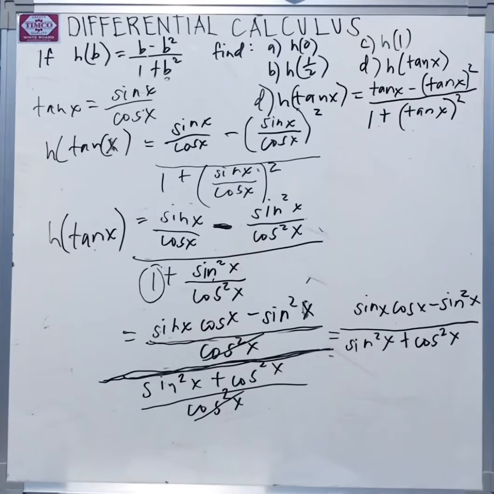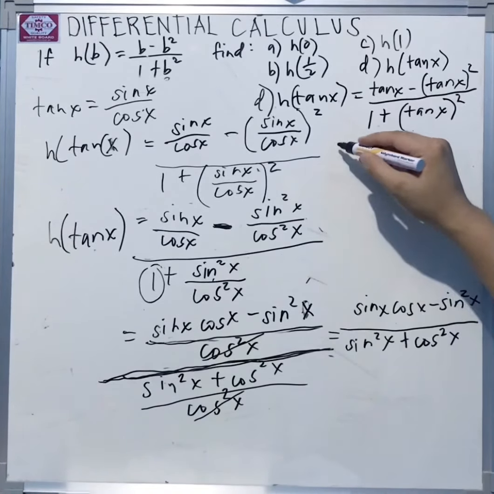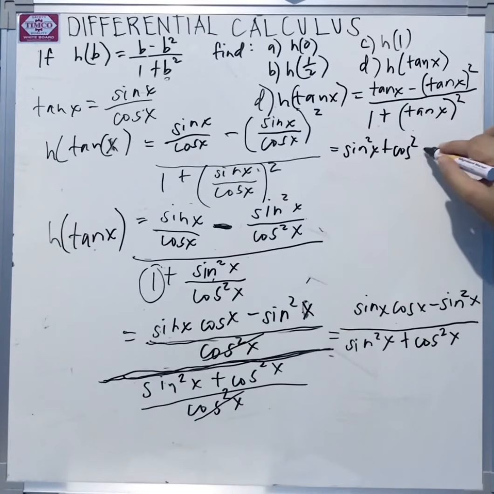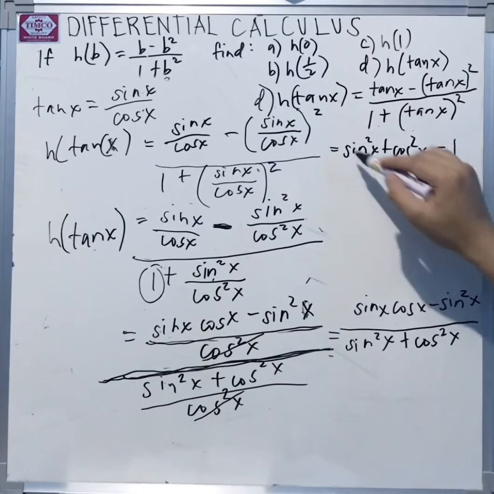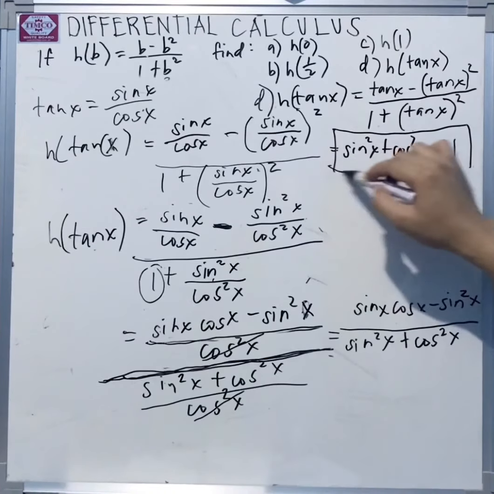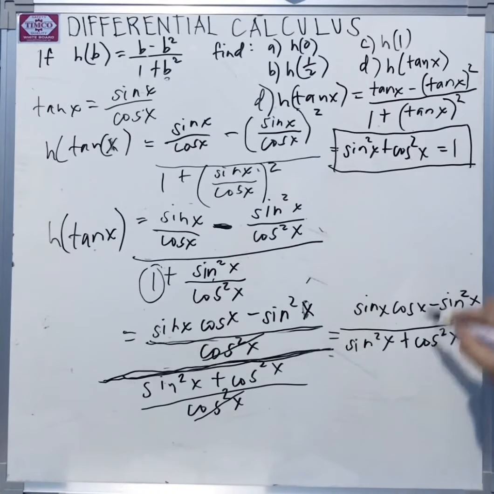And kaya pa ba natin i-simplify yung function natin? So meron tayong trigonometric identities, which is sin squared x plus cosine squared x is equal to 1. So substitute natin yung value ng 1 dito.